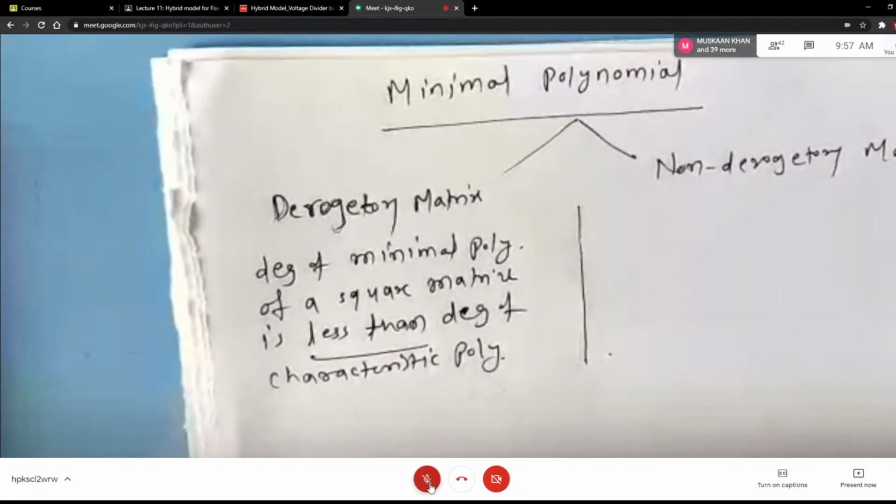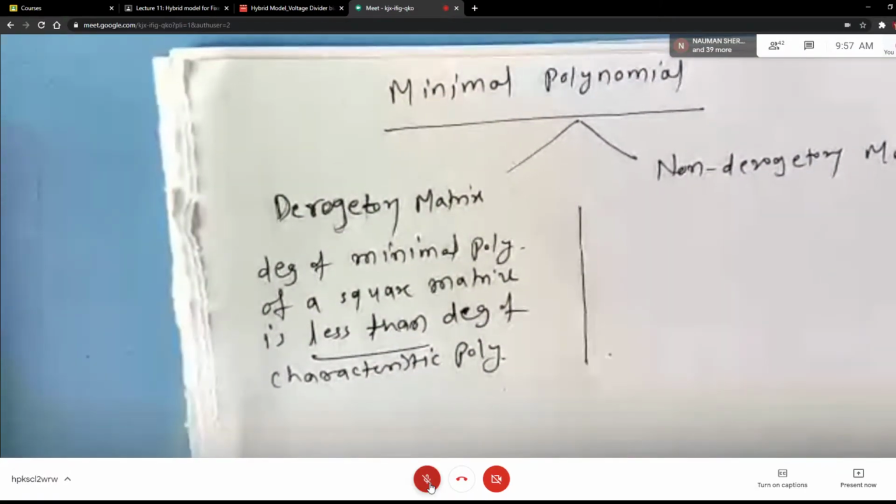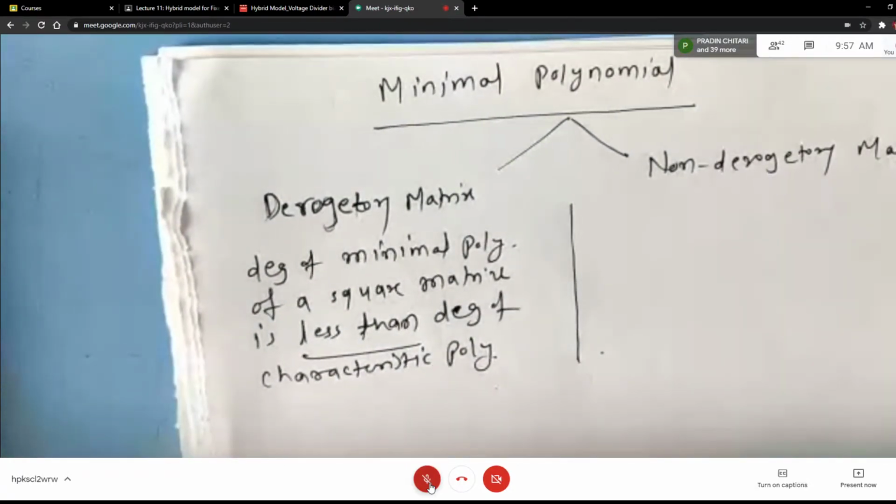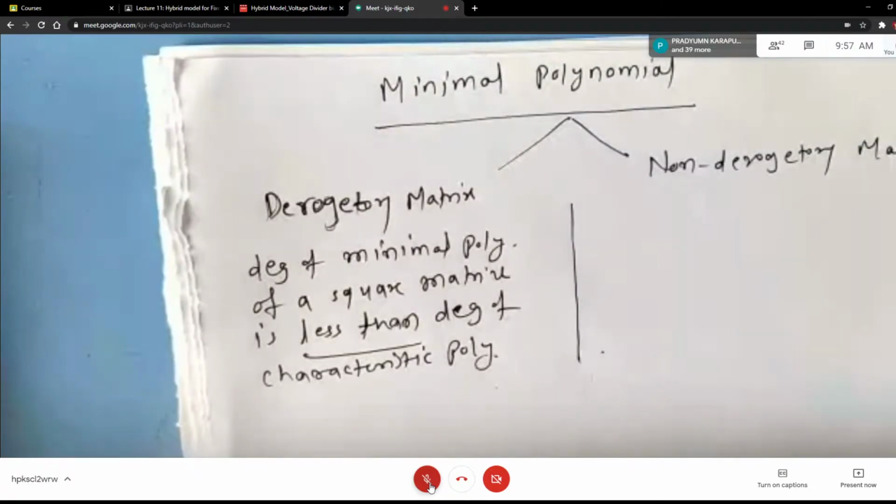Now see, there are two polynomials in the picture. One is characteristic polynomial. You know how to find characteristic polynomial. If the given matrix is of order 2 by 2, your characteristic polynomial will be quadratic. If the given matrix is of order 3 by 3, then your polynomial will be of degree 3, right? How to find it, that you know.